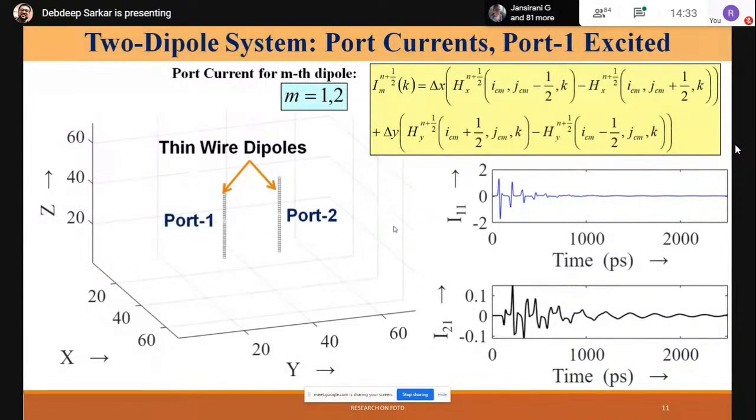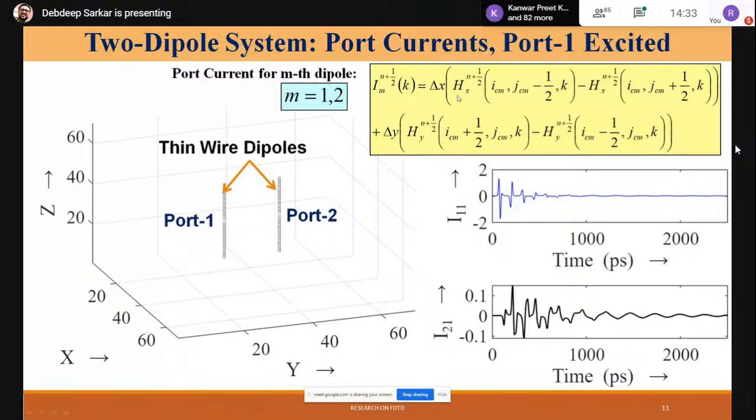So anyway, what I was telling is we wanted to find out the port currents. How do we find that out? We use our basic knowledge of Ampere's law. We have this integral of H·dl calculated over there. Let's break this equation into small parts.